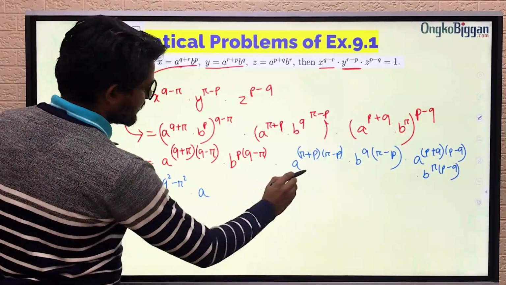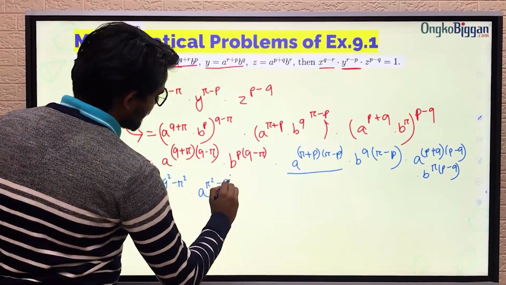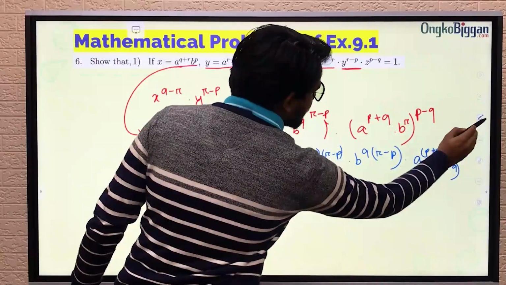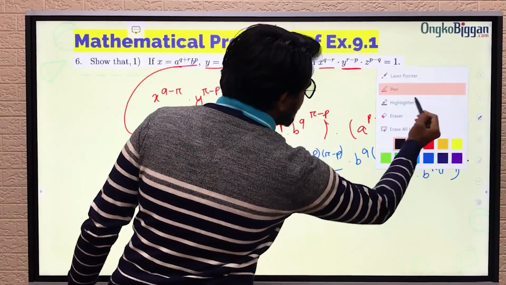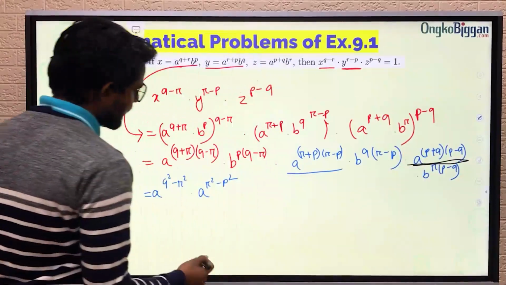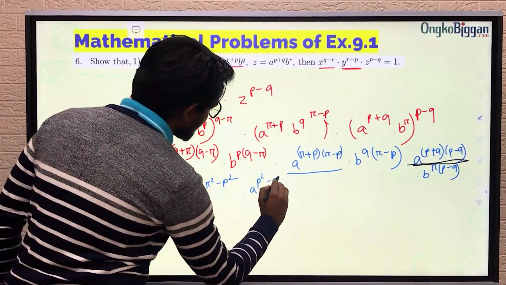So this a is actually a to the power r square minus p square, and the final a is actually equal to a to the power p square minus q square.